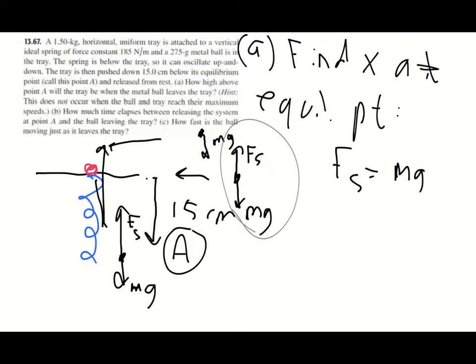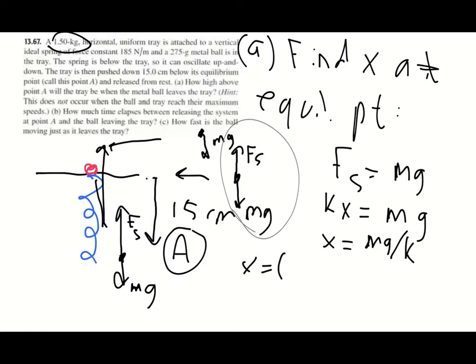And what that means for us is that kx equals mg. Okay, so x is just going to be mg over k. Okay, and that's going to be the mass of both objects. Because remember, there's the tray and there's the ball, which they're crummy enough to give us in two different units.